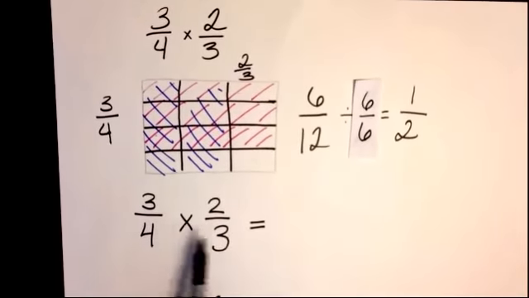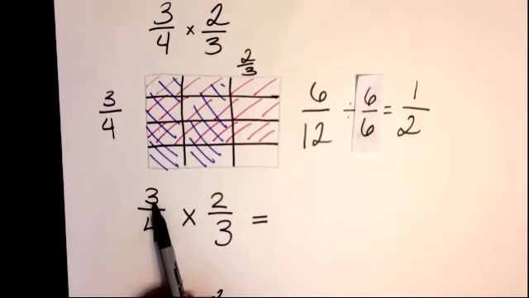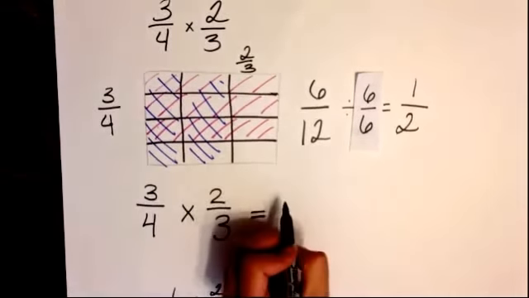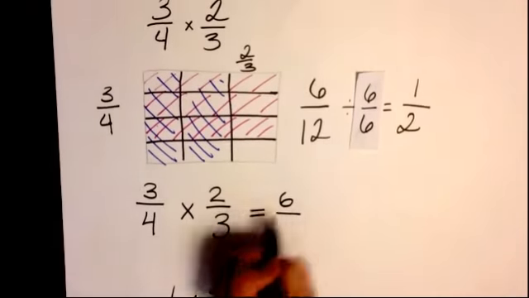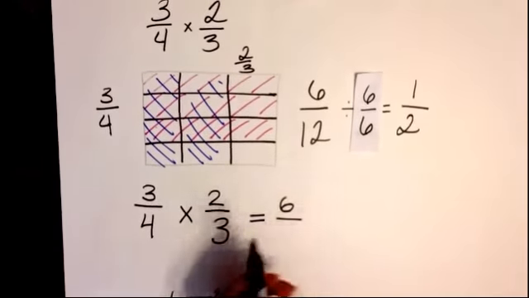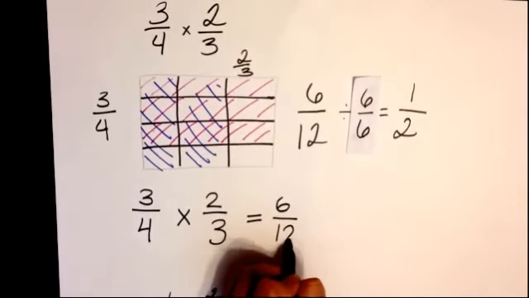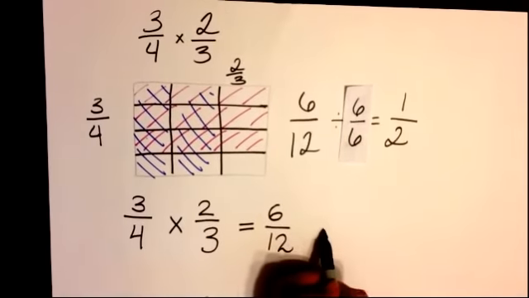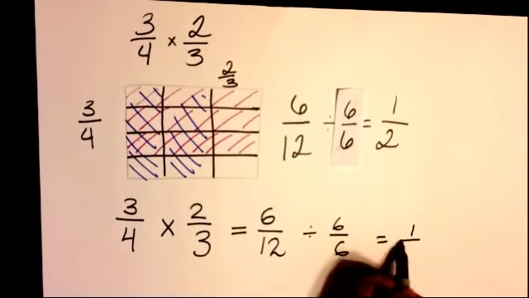Now if we look at this, we can see that 3 times 2 gives us 6, and 4 times 3 gives us 12. And we could use the same reduction method as we did here, the answer of 1/2.